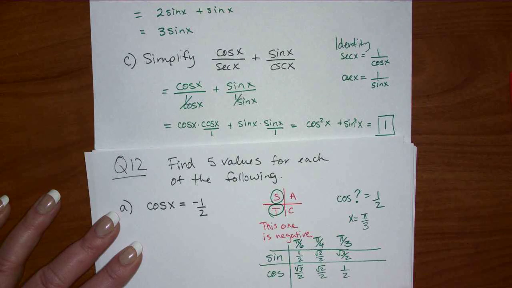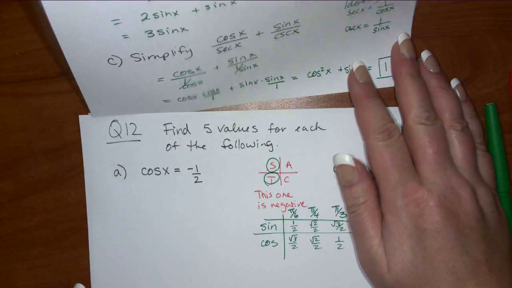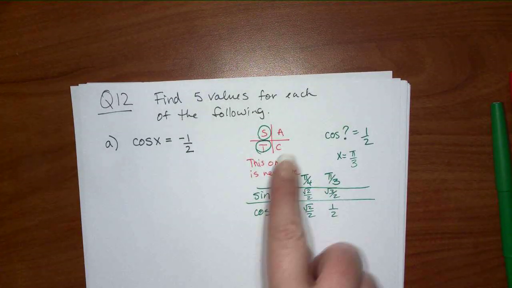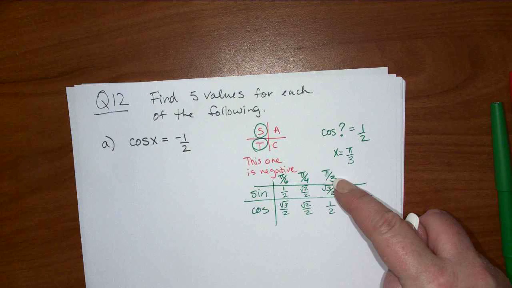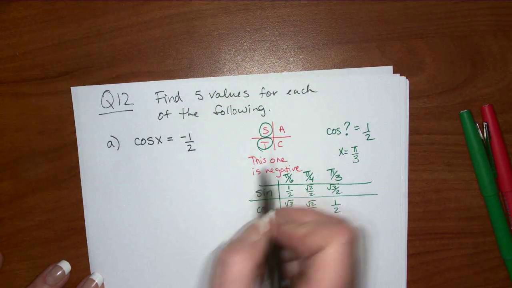Right? 1, 2, 3. So in our table, here we're just looking backwards. We're saying, okay, here's cos and here's 1/2. What's the angle? It's pi over 3. So that's our reference angle. So what we do is draw that angle in those two quadrants.